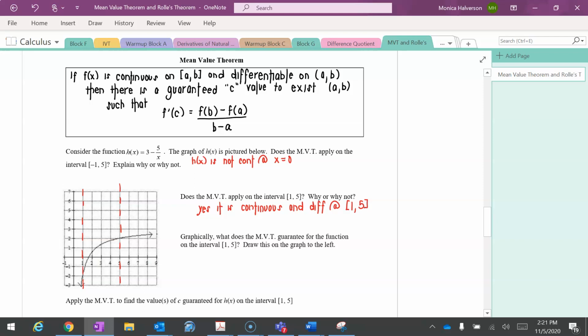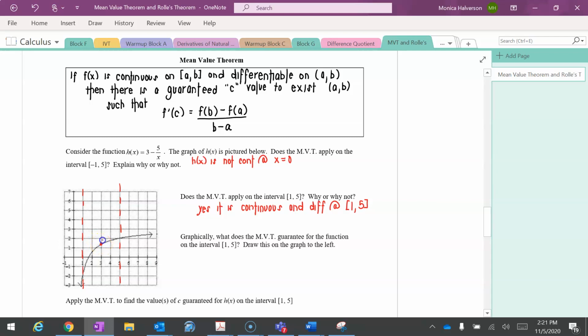So what does that guarantee graphically for the function? What that graphically means is that the average rate of change equals the instantaneous rate of change at some point.